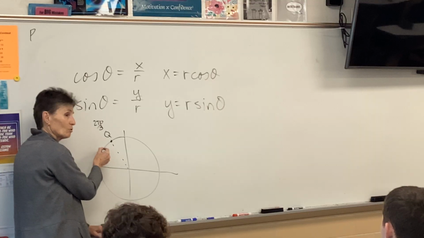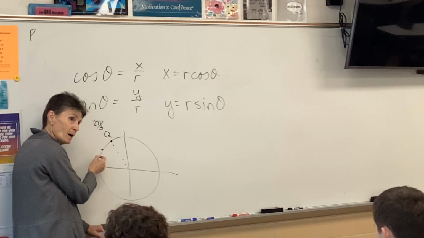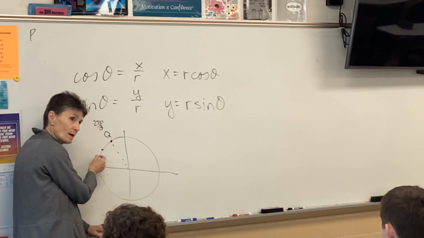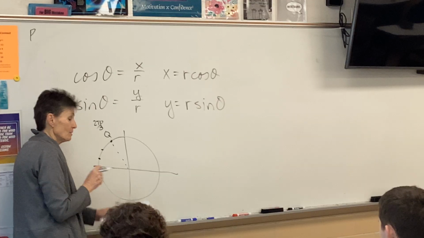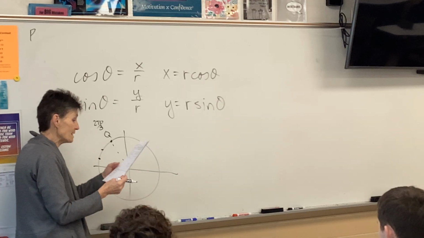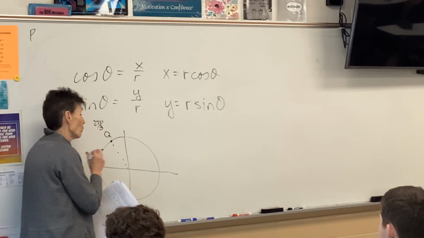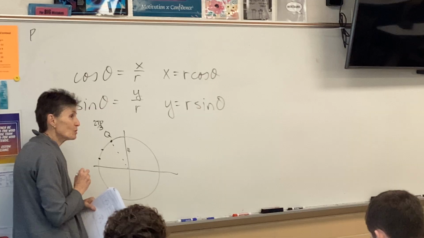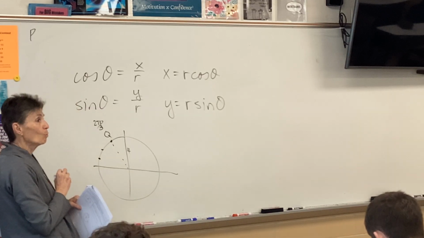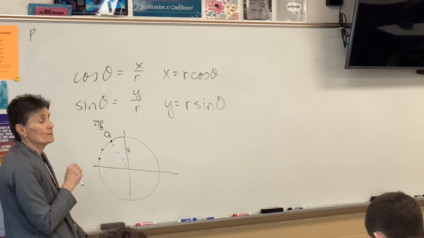This would be 3 pi over 4, and this would be 5 pi over 6, right? That one's 2 pi over 3. Do I know the radius of this circle? 4. The question says, what are the coordinates of point Q?